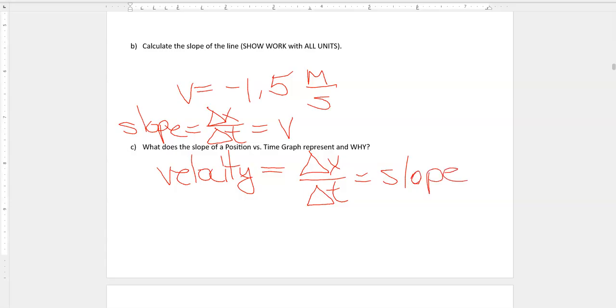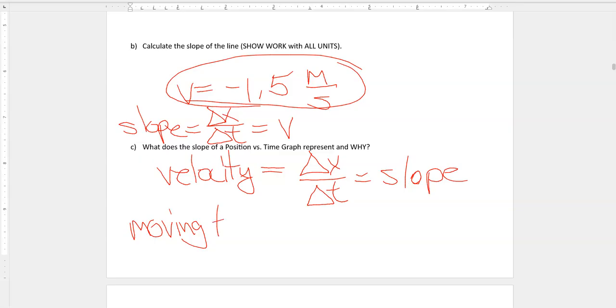And how do we interpret this? Well, we interpret it as saying, since we know our velocity is negative 1.5 meters per second, or our slope of this position plot is that value, it means that the object that's moving is moving to the left.